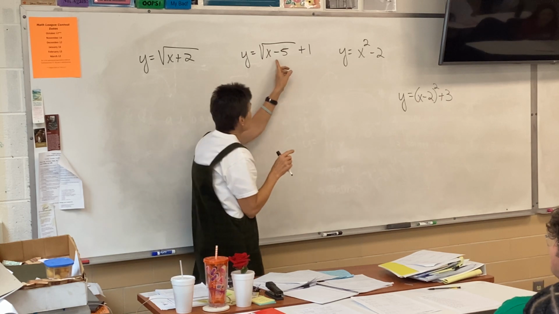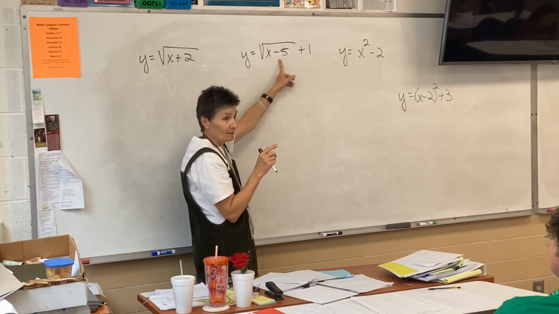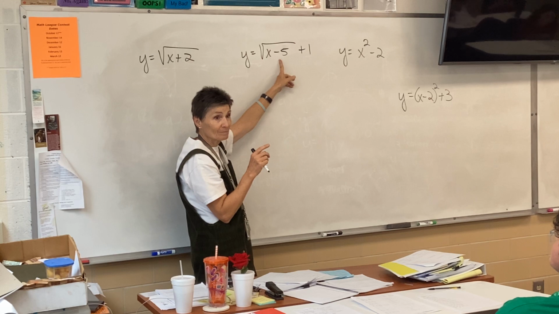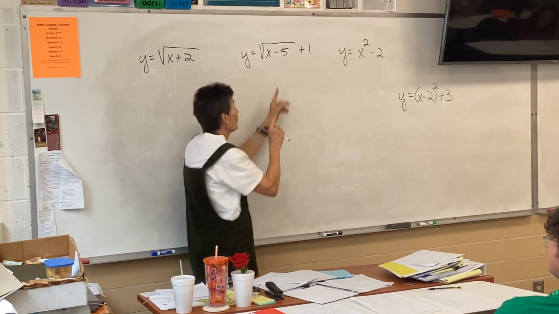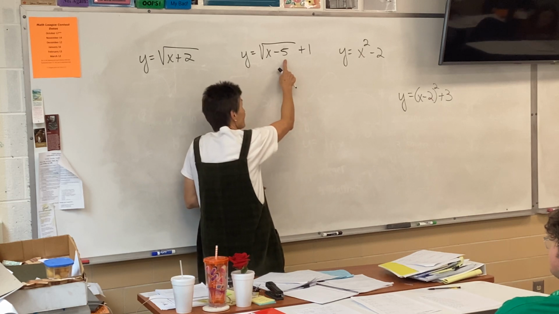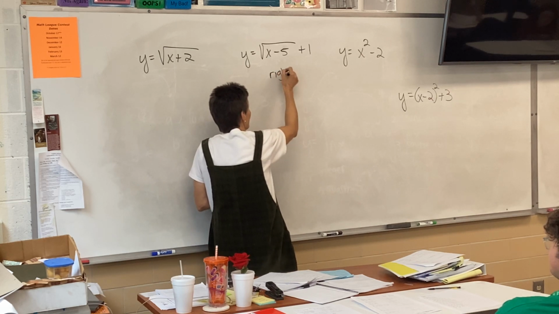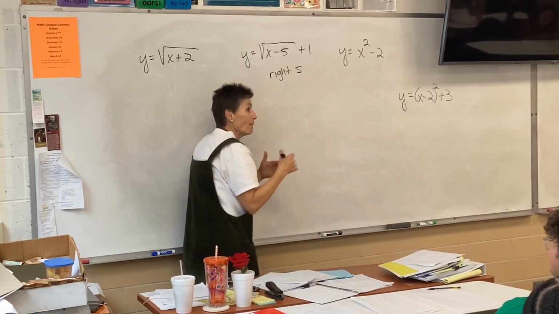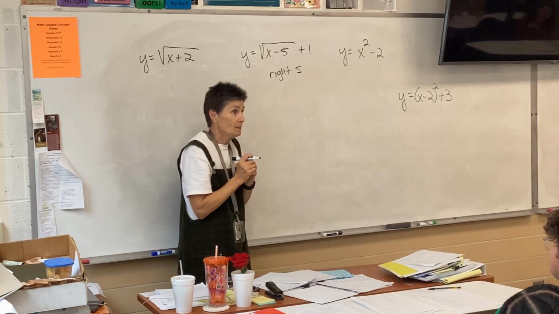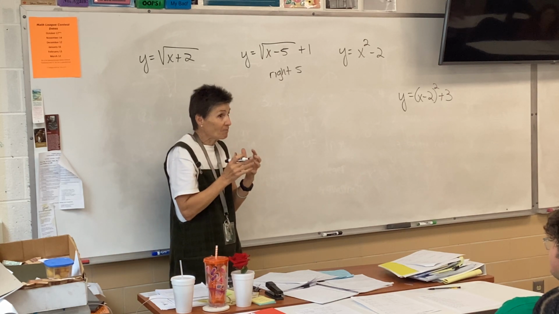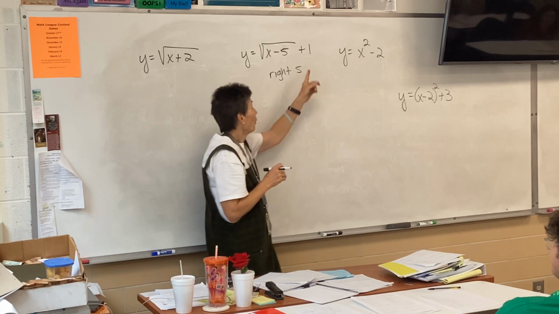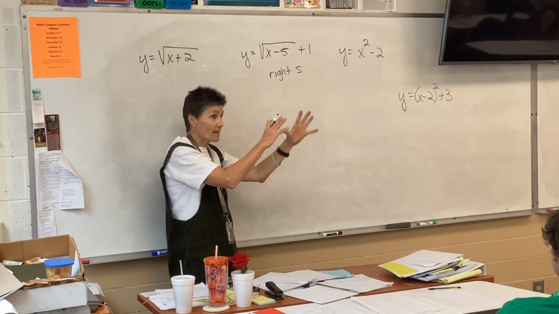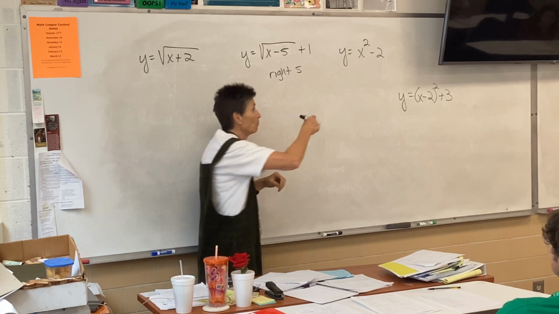If the number is inside, what does it change? Sideways. And when it's -5, it's actually going to move right 5, because it's the opposite of what you think. So instead of backing up 5, it's actually going to go forward 5. What does that +1 do out there on the end of the problem? Up 1.